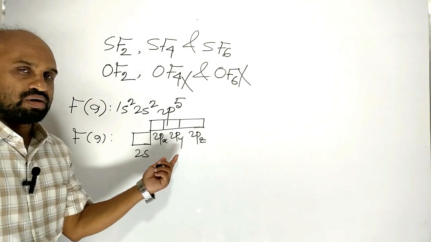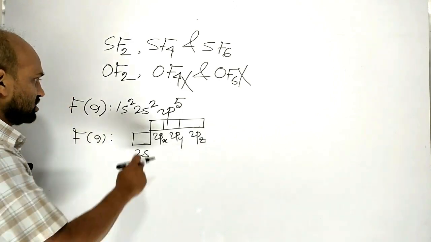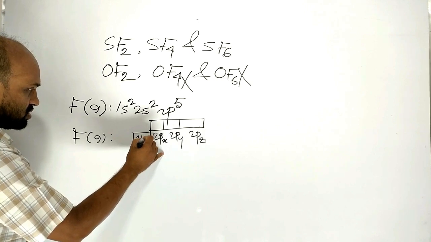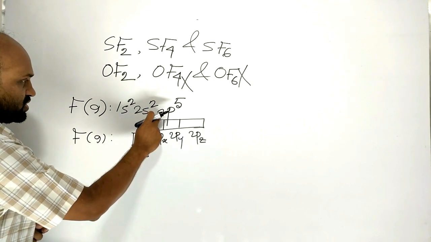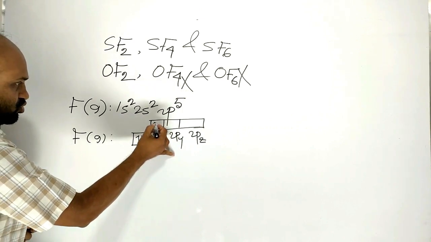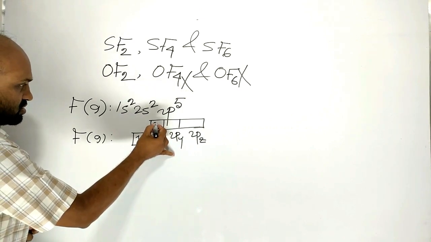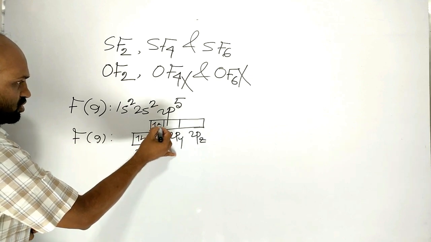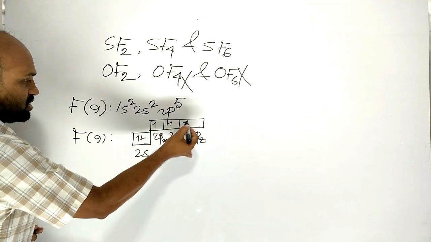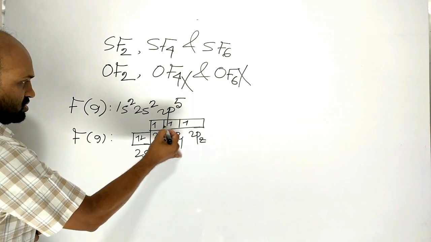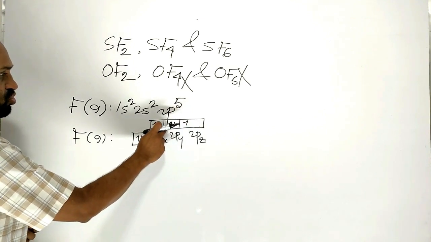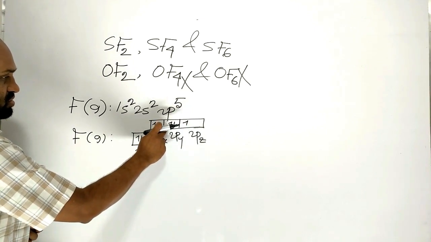Outermost orbitals: here the 2s orbital contains 2 electrons and the 2p orbitals contain a total of 5 electrons. The 5 electrons will enter these orbitals according to Hund's rule, one by one. 3 electrons are distributed, then 4 and another one, that is a total of 5 electrons.